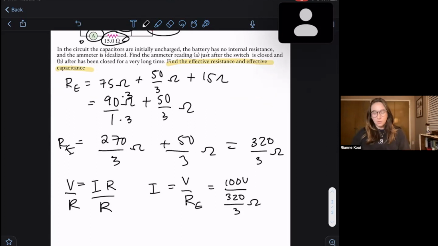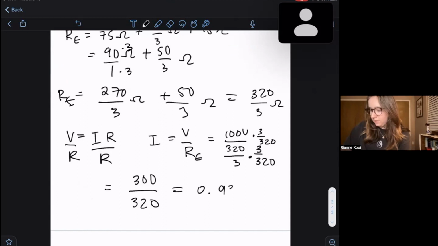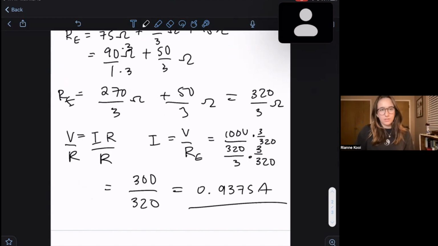So we can multiply by the reciprocal and get 3 over 320. So we are getting 300 over 320, which equals 0.9375 amps. And that is our current when it has just closed.